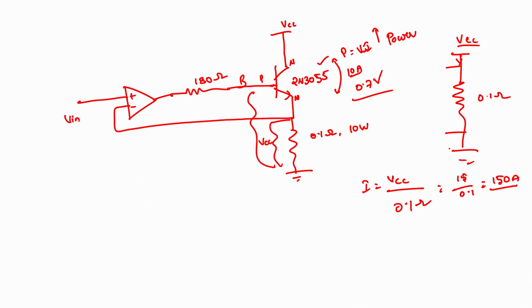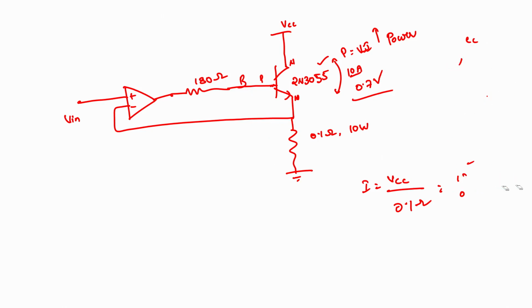How? If you recall the operational amplifier basics, there are two golden rules. One is the virtual ground concept. Whatever input voltage you apply at the positive terminal, the same voltage will appear at the negative terminal.